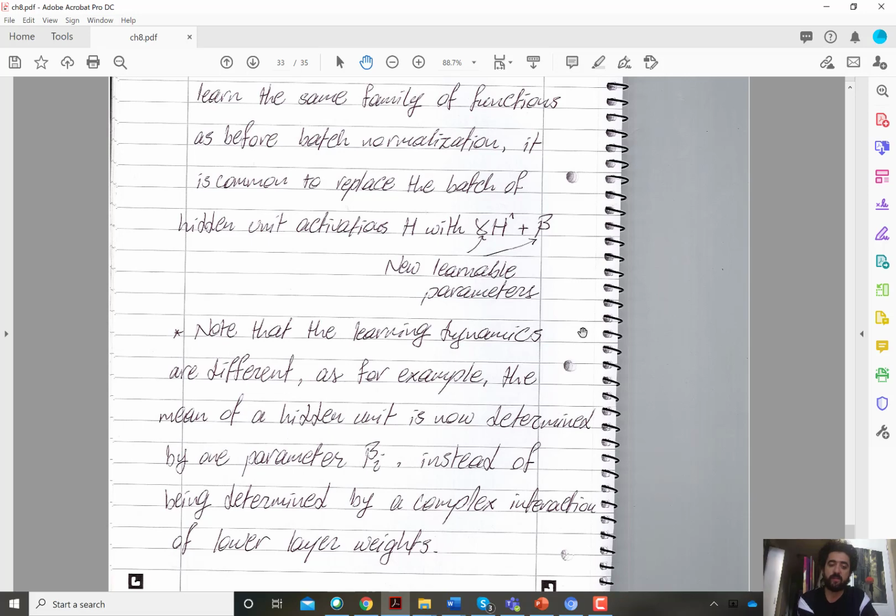This is a much more controlled operation now, because the first and second order statistics of every unit are updated through explicit parameters that are independent for every layer.